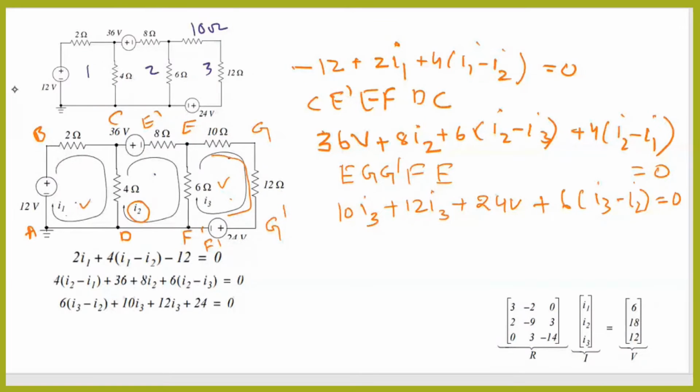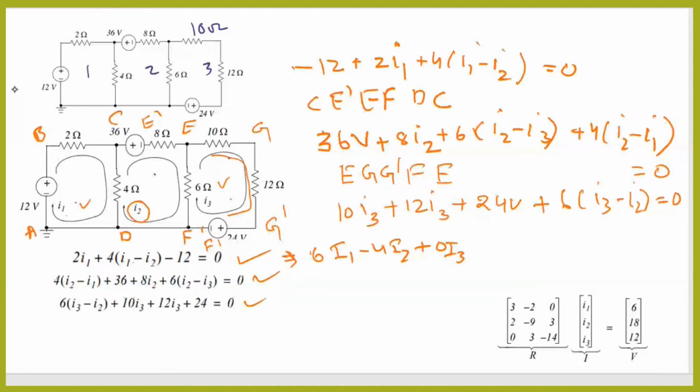So 2I1 plus 4I1 is 6I1, minus 4I2, plus 0 into I3 is equal to 12.